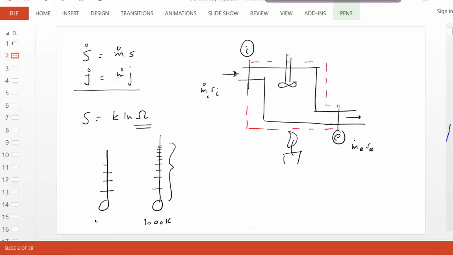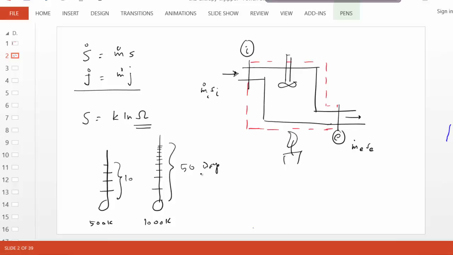Just suppose here the energy can be stored in 10 ways. Then here, probably the energy can be stored in 50 ways, 50 different levels. Okay, so we'll keep this model in our mind.